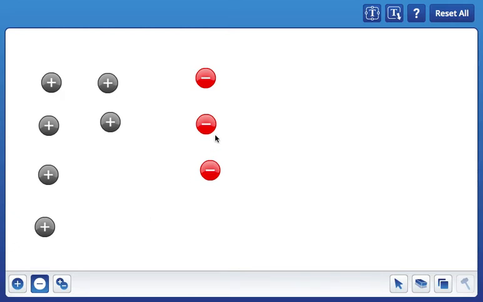So instead of just adding negatives, I'm going to keep the value of our starting point at 6 by adding some positives to go with it. Now I'm not going to put them too close, because if I put them too close, they zip together and we can never separate them. It's kind of like an atomic feature that's a little bizarre. But if I click that there, 1, 2, 3, okay, and I keep them kind of apart from each other, because if I put it too close, like, oh, darn, it disappeared.